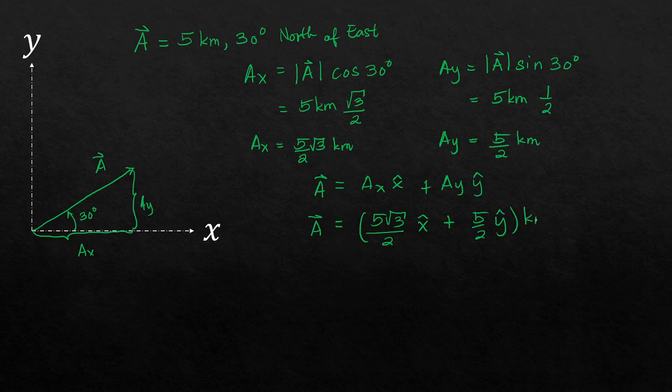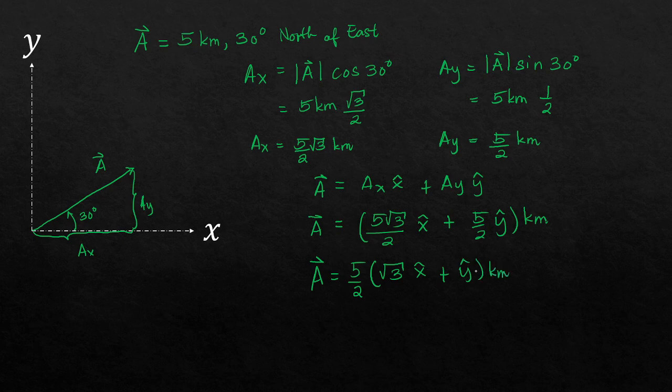I'll place the units here, and as you can see, we can factor out the common, which is 5/2, so we can write vector A in its unit vector form finally as 5 over 2 multiplied by square root of 3 X hat plus Y hat.